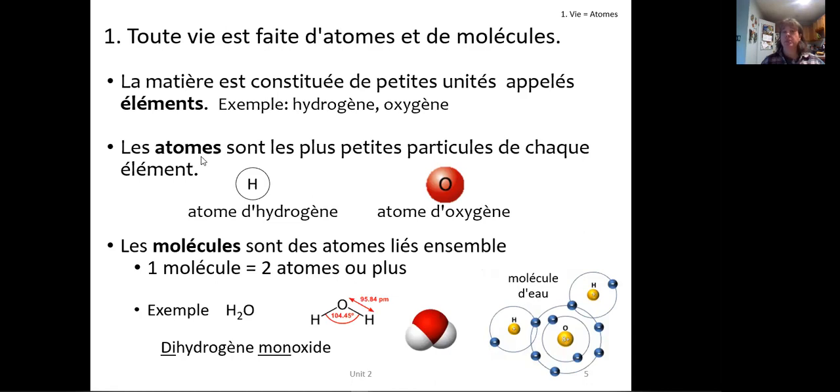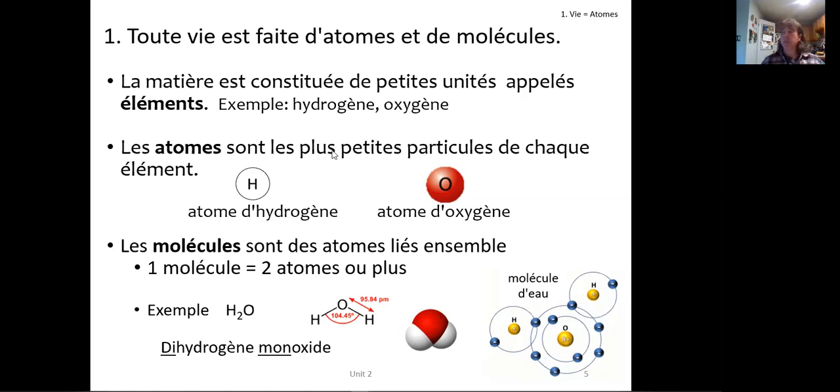Atoms are the smallest particles of each element. However, when atoms bond, we get something called a molecule. Molecules are atoms bonded together. One molecule is actually 2 or more atoms.